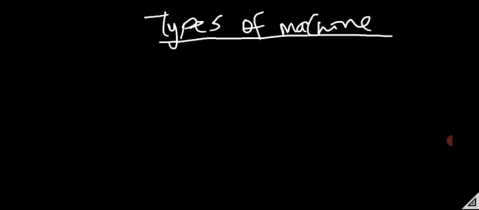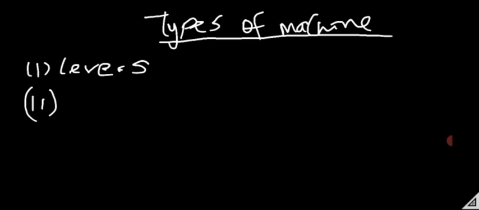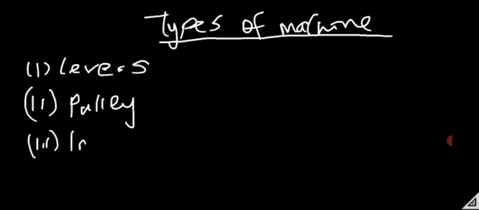The first type of machine I would like to drop here is called the lever. Number one, lever. Number two, we have the pulley. Number three, we talked about inclined plane.